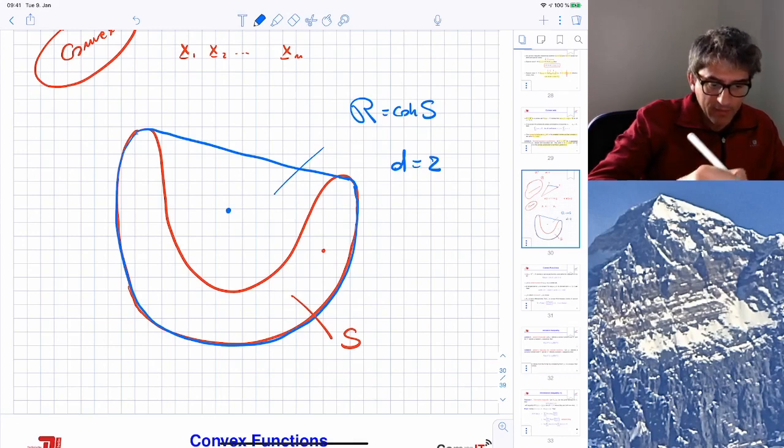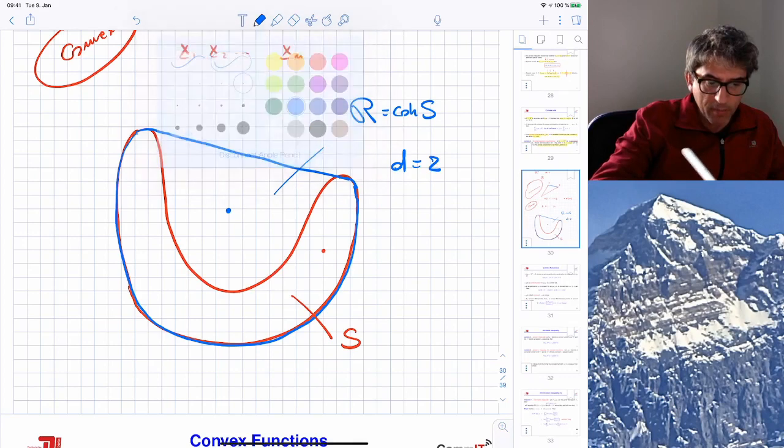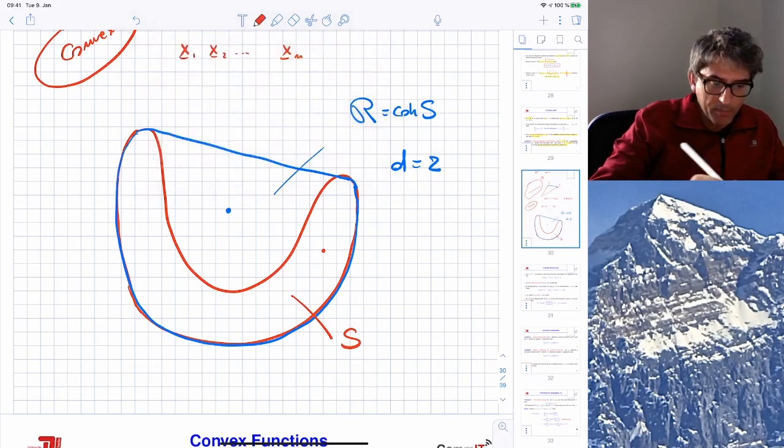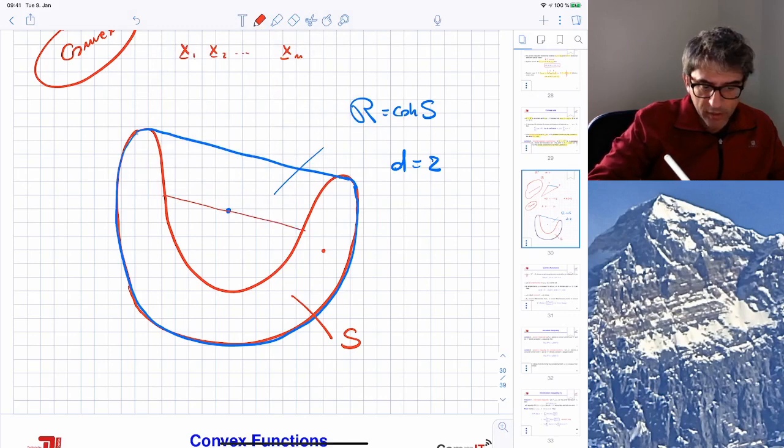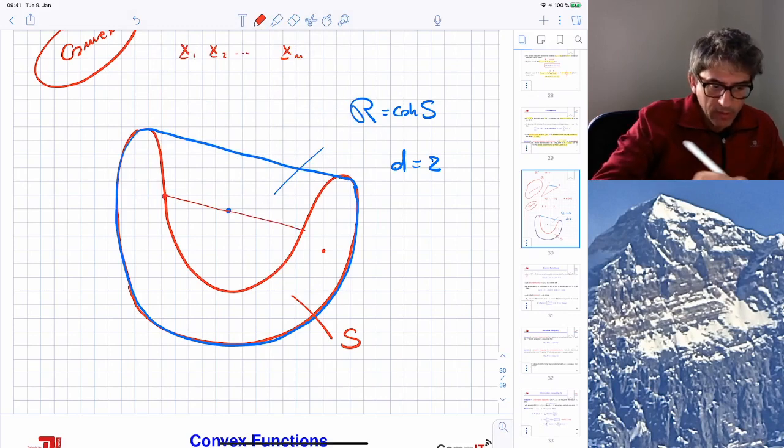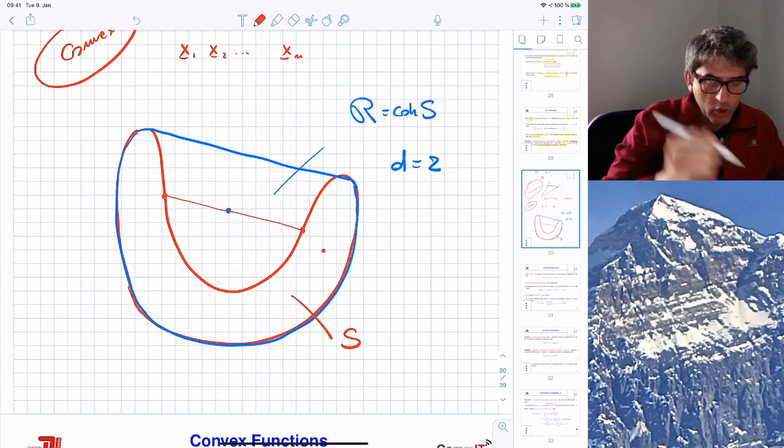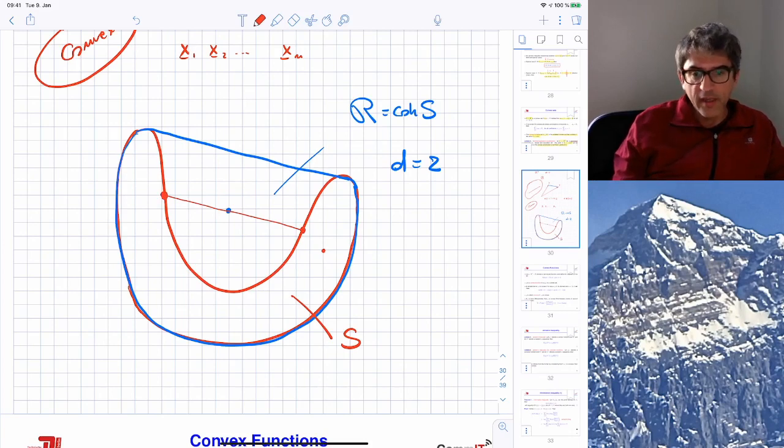And in fact, if I take this point, for example, I can pick a segment passing through this point and joining a point here and a point here. Those points are in S, right? So the blue point is clearly given as the convex combination of these 2 red points.